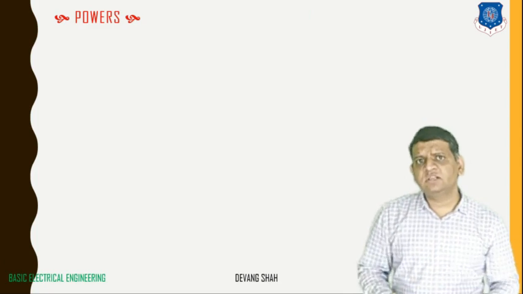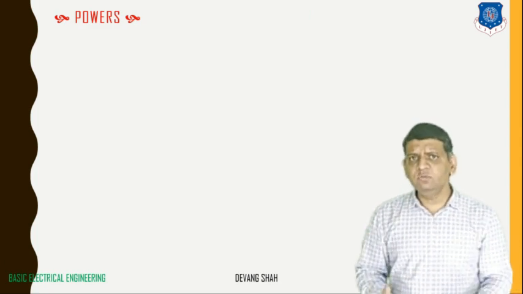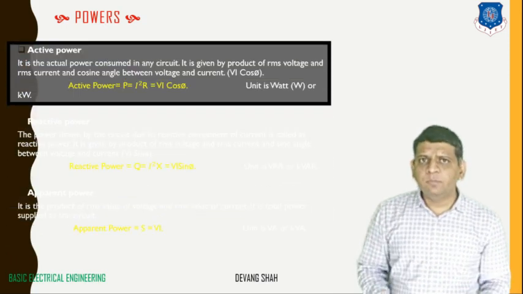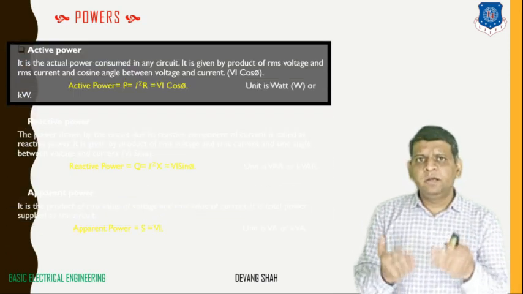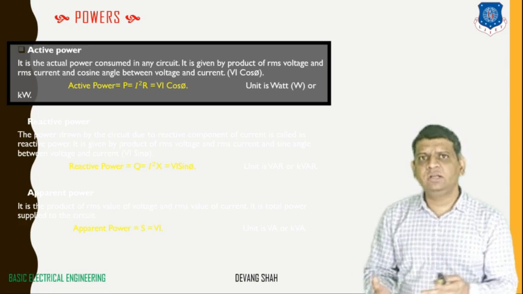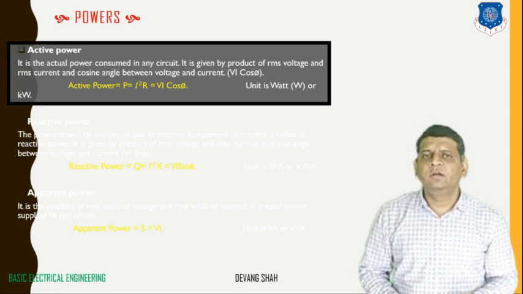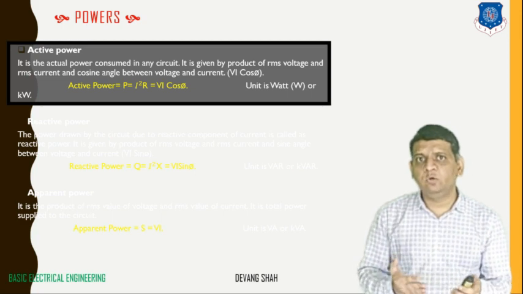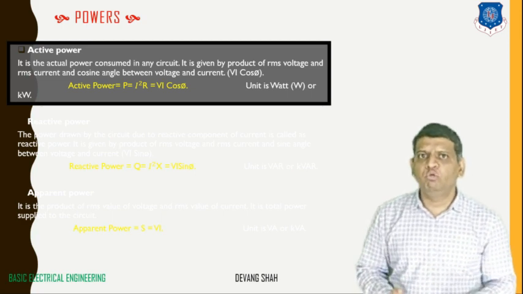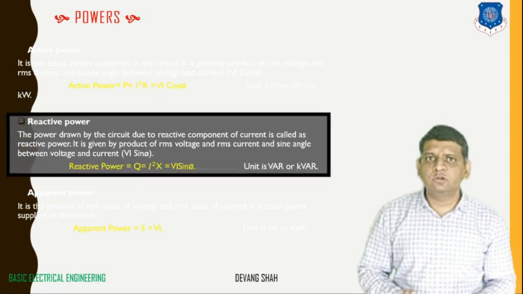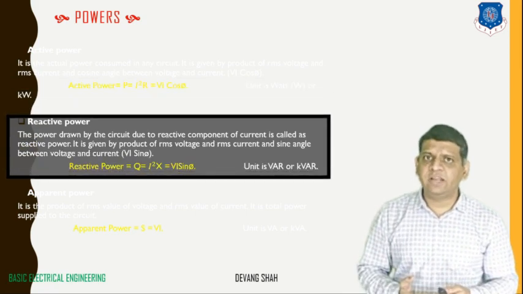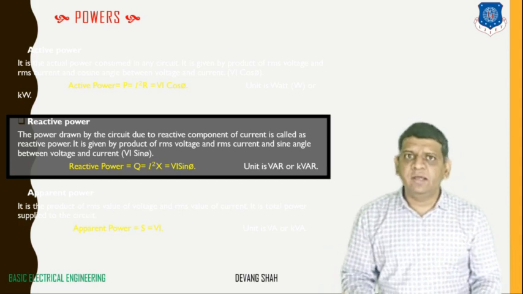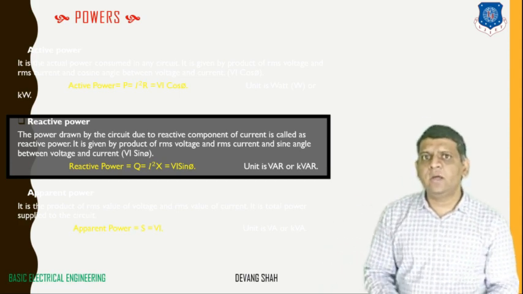Now we further discuss the individual powers from this power triangle. My first term, which we define as real power, is nothing but the multiplication of RMS values of voltage and current with cos phi. So real power or active power P is equal to VI cos phi, that is equal to I square into R, and the unit is watt or kilowatt. In the same way, reactive power, because of the capacitor component, Q is equal to VI sin phi, and that is equal to I square into XC.